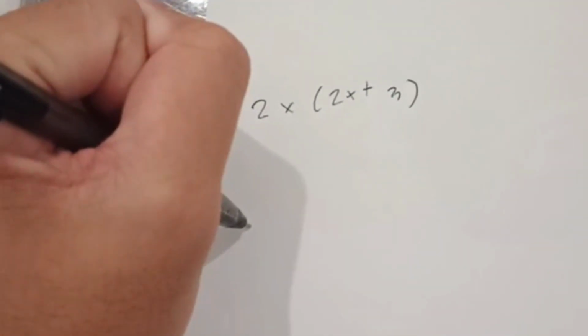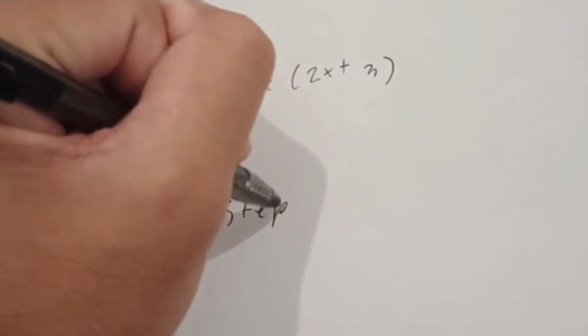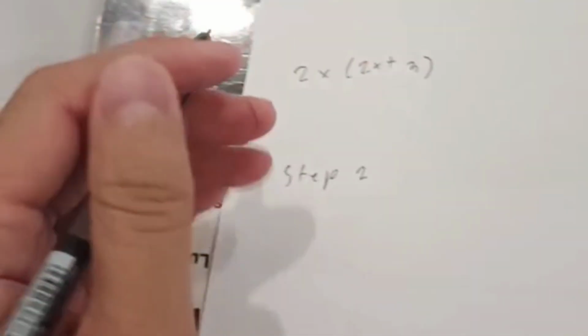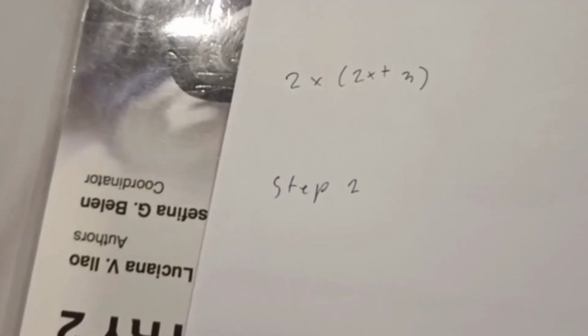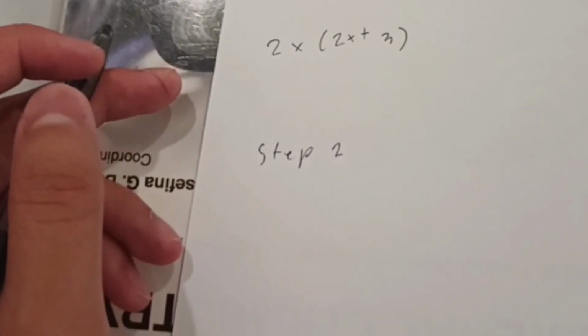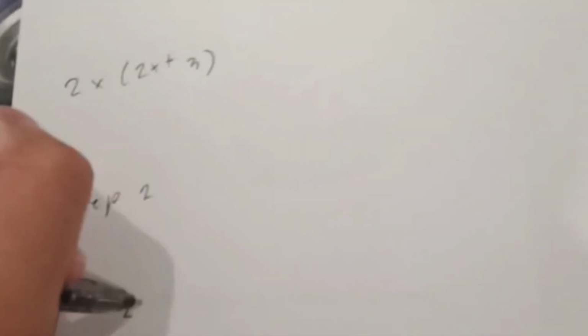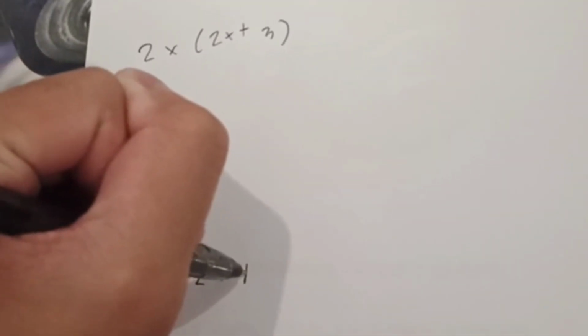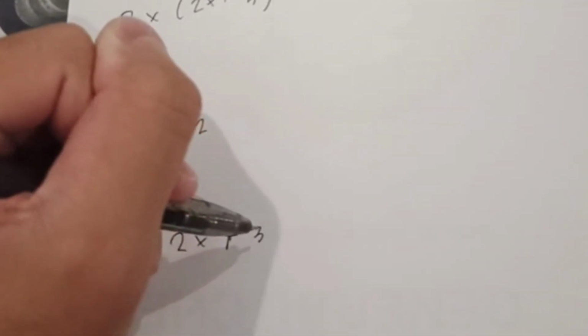Step 2. Now, find the derivative of the inside part. So, the inside part is 2x plus 3.